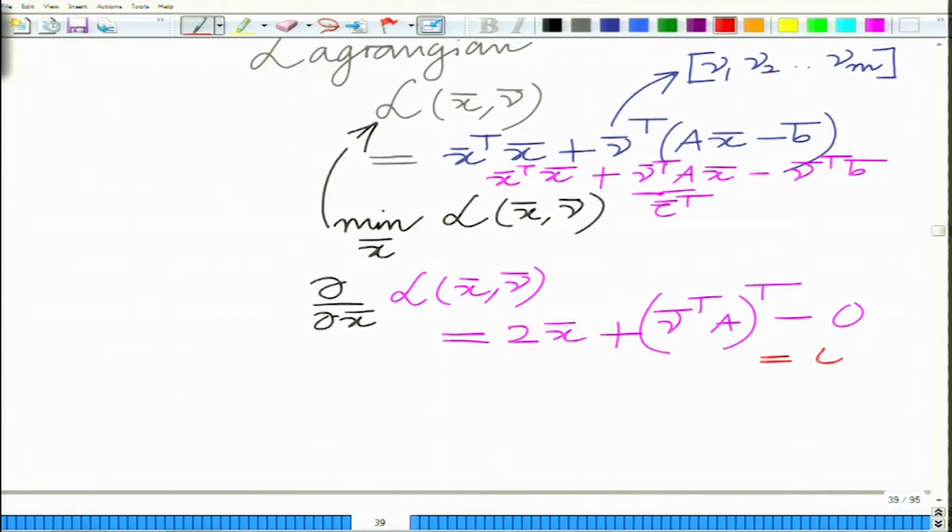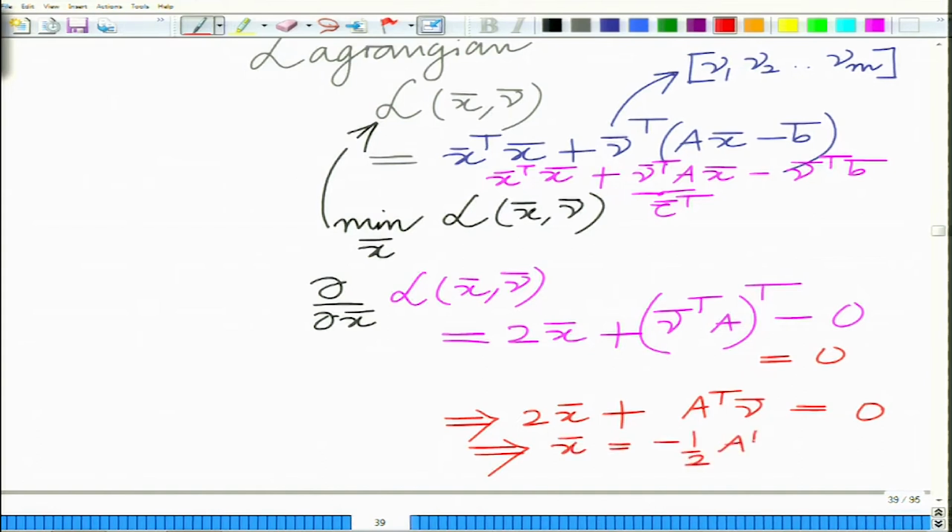And this we are setting equal to 0 to find the optimal point. This implies 2x bar plus A transpose nu bar equals 0, which implies that x bar equals minus half A transpose nu bar.